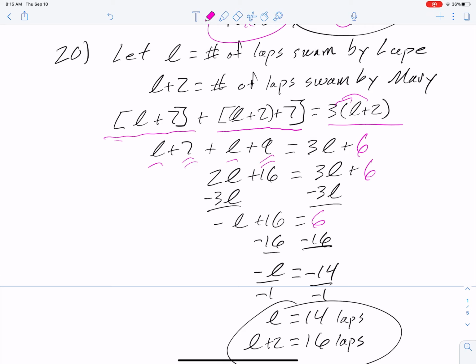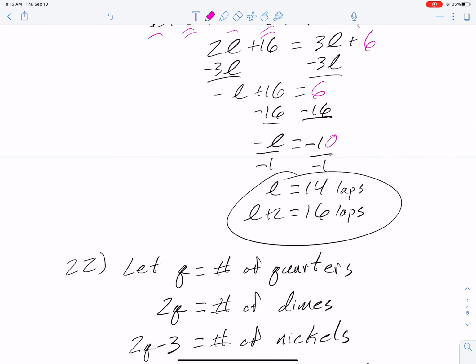I'm going to subtract 16 from both sides. That's going to get me negative 10. And so then I divide by my negative 1. Excuse me. I divide by my negative 1 and end up with L equaling 10. L plus 2 would now equal 12.